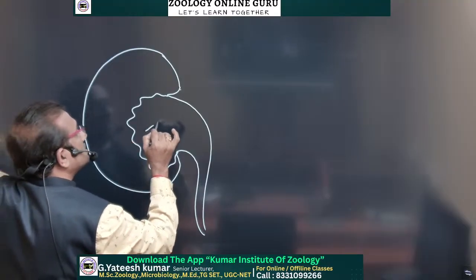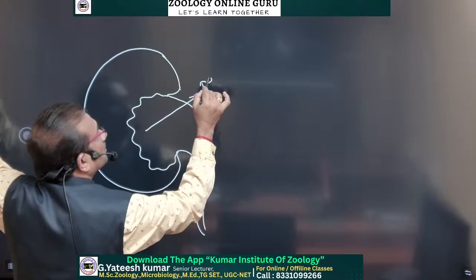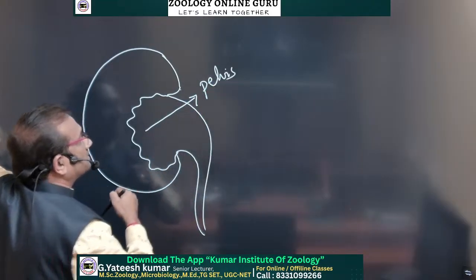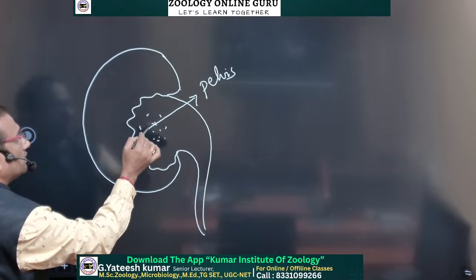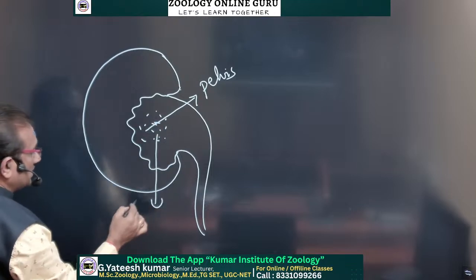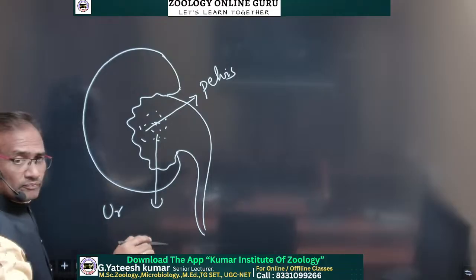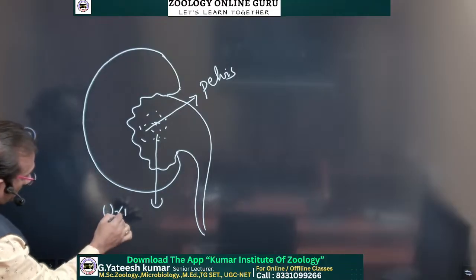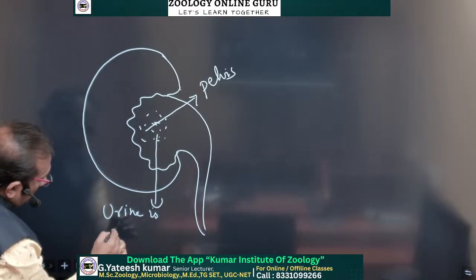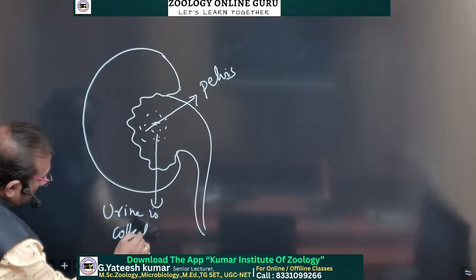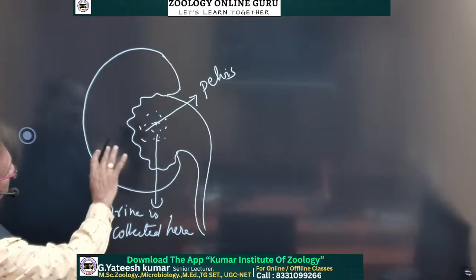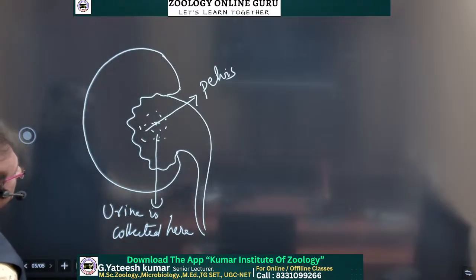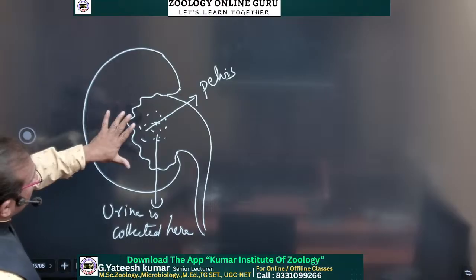This is known as the pelvis. In the pelvis, the urine is collected.